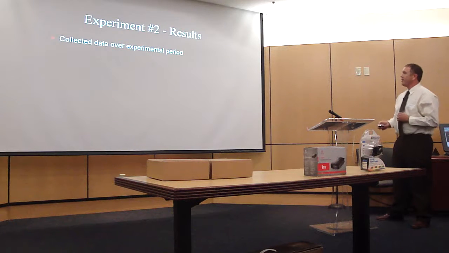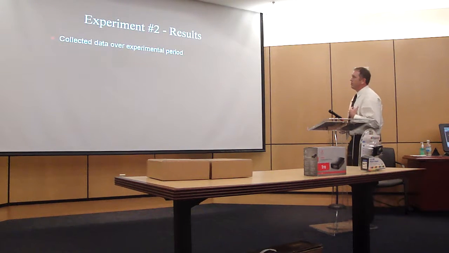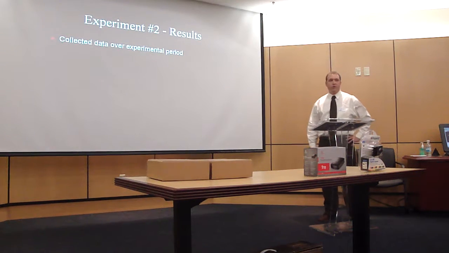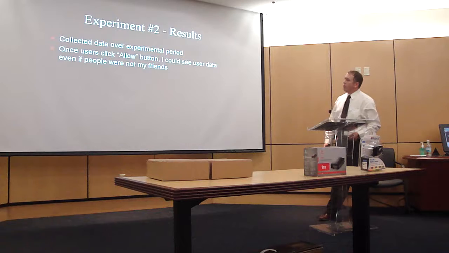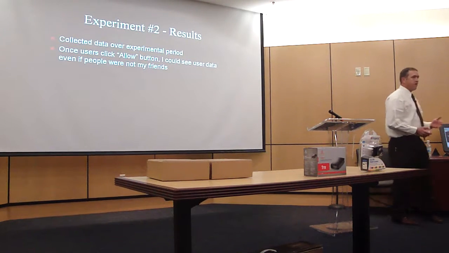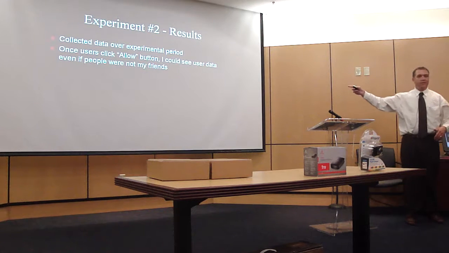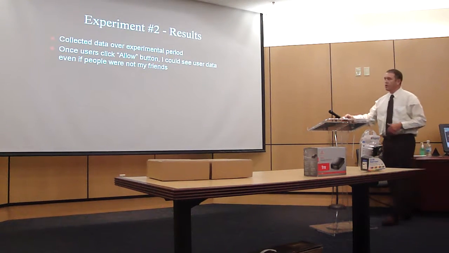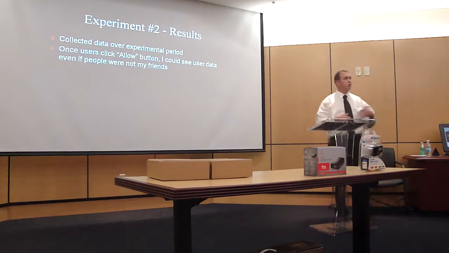So I collected a bunch of data from a bunch of different users that used this survey that I had out there. And once they clicked the allow button, probably the most fascinating thing that I found, regardless if they were my friend or not, I was able to get their information. Because usually, if you're friends with somebody, you can see their information.